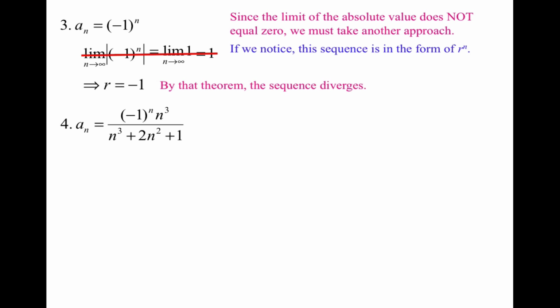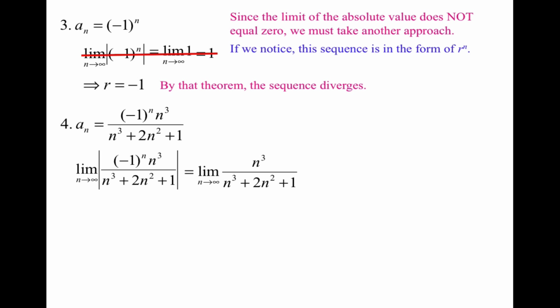All right, so now let's try this sequence. -1 to the nth power times n cubed all over n cubed plus 2n squared plus 1. So I'm going to start off by taking the absolute value of this, since I have an alternating sign. So now I'm going to evaluate the limit as n approaches infinity of n cubed all over n cubed plus 2n squared plus 1.